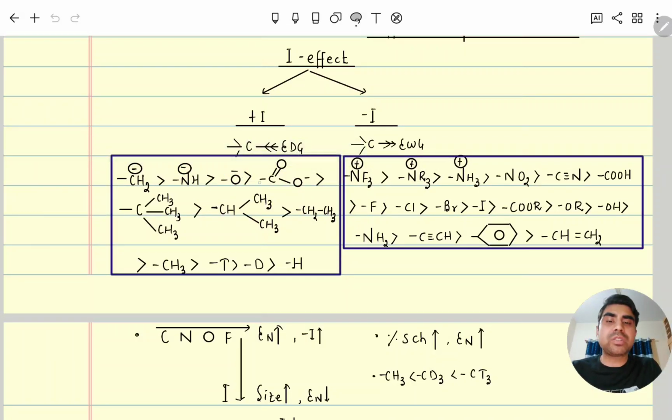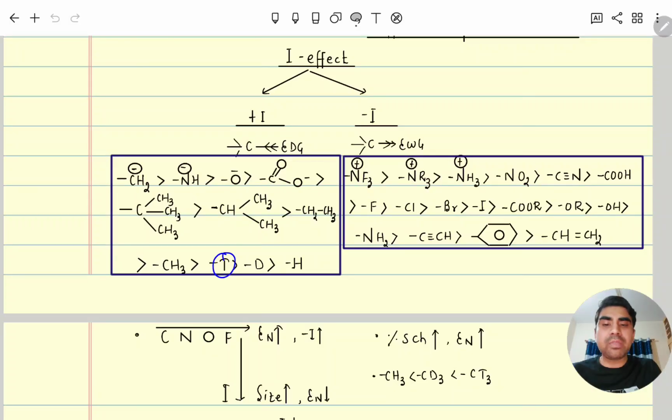After that oxygen, this oxygen is delocalized because the negative charge will go to this oxygen also, so its donating tendency is relatively less than this oxygen. Then after that, 3 degree alkyl, then 2 degree, then 1 degree; this is also primary, 1 degree. All of those, you can see, have donating tendency.